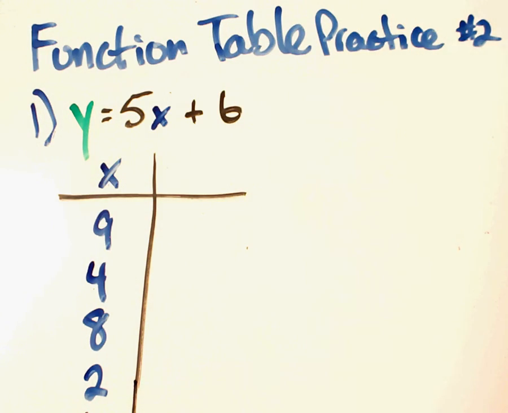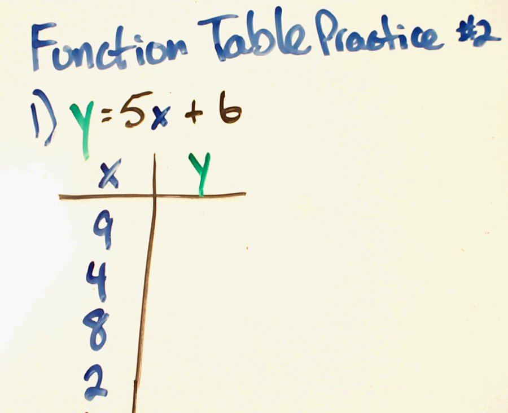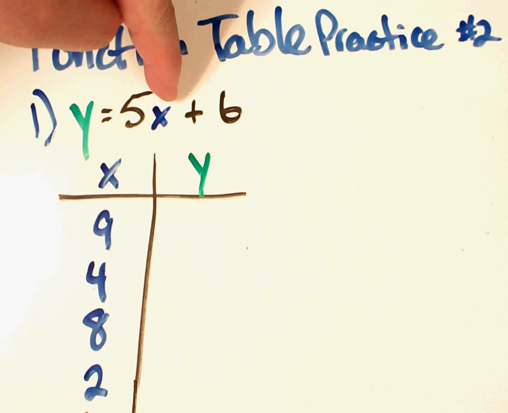All right, and then there's my y. Now for each of these problems, just as we did in the previous video, all we're doing is for each of my x inputs, I'm simply going to substitute whatever my x input is for x in my equation up here.